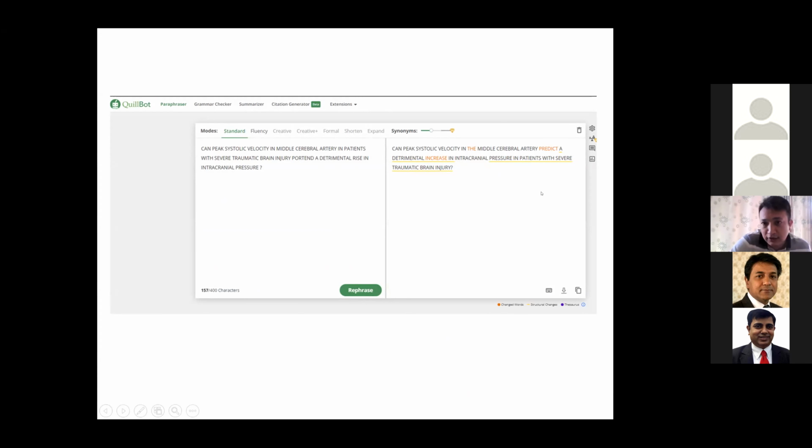If you look at the other block, it has changed the word portend into predict, which is more simple and more meaningful than portend. It is not necessary that you accept everything that has been advised or recommended by the software. You can change the word again, you can remove it, you can reject it, or you can accept it. So there are many options in this software.